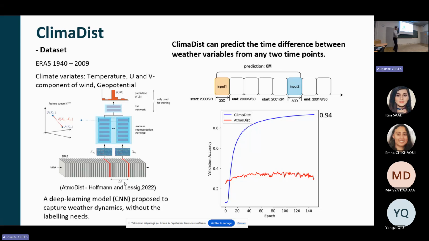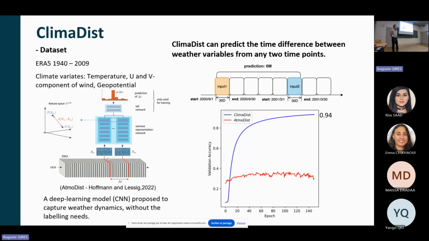So yes, I should have shown the detail of this network, because it indicates they are looking at different spatial scales from two different time variables, and it helps a lot to predict their time difference.